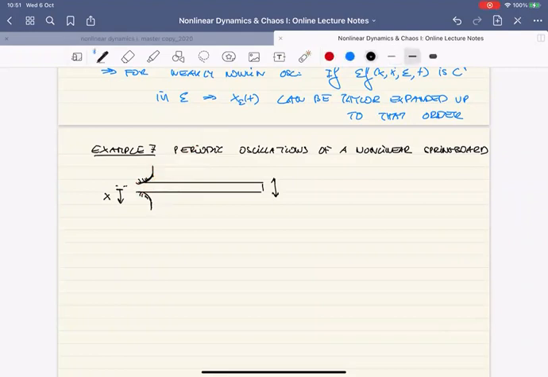So if I now look at the spring force and I want a more accurate model, not just linear, then this would be F spring, and this is, say, X. What starts out linear near the origin starts hardening in both directions. It's the classic case of a hardening spring.